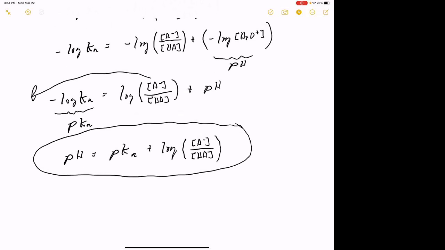Now, again, what does it mean? What it allows us to do is to calculate the pH of a buffer that we can prepare using a certain concentration of the anion of the acid and the weak acid. In other words, the conjugate base of the acid and the parent acid. And remember, I don't have to worry about those concentrations being dissociation products.